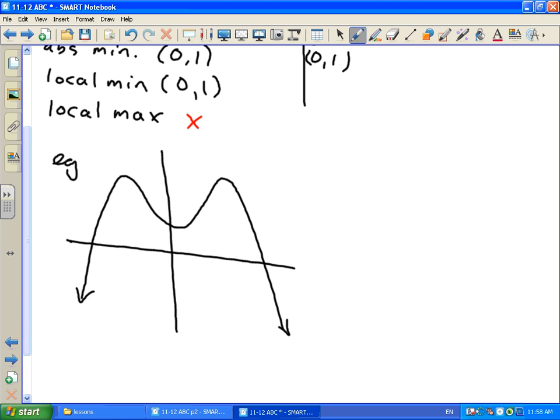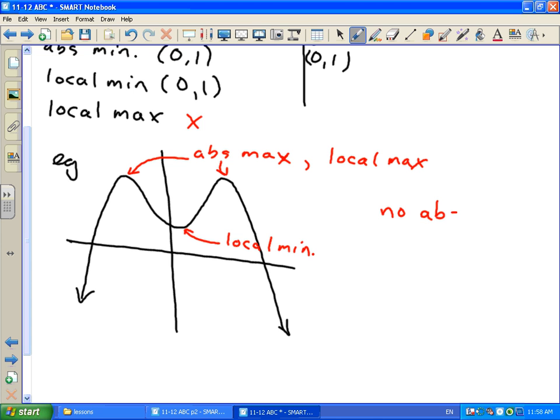Yes, we have an absolute max that occurs in 2 places. Those 2 points are also local maximum. And down in here, we've got a local minimum, but we have no absolute minimum.